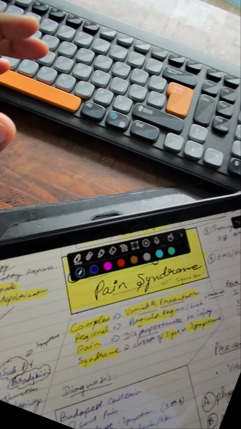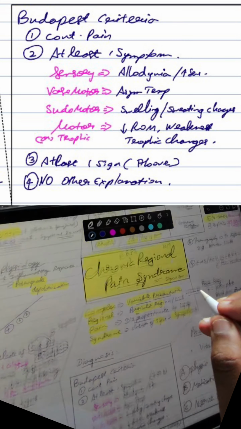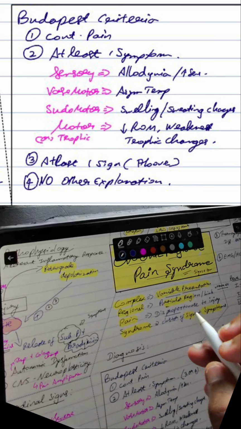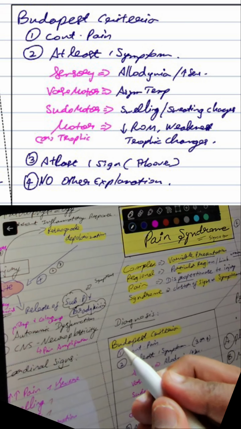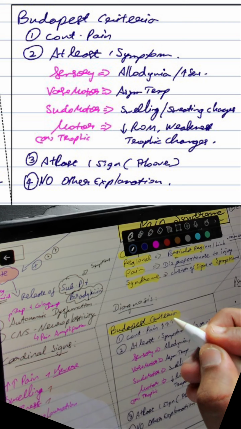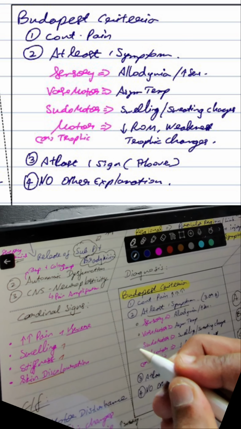Now what should be your diagnostic criteria? Since the presentation is haphazard and very complex, there is the Budapest criteria. The Budapest criteria involve continuous pain for a longer time and at least one symptom in 3 of 4 categories.